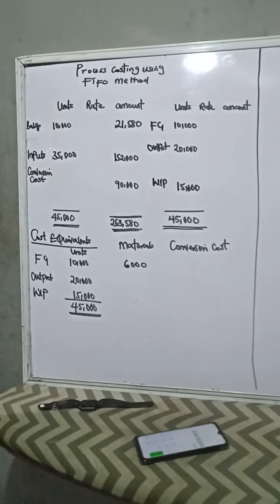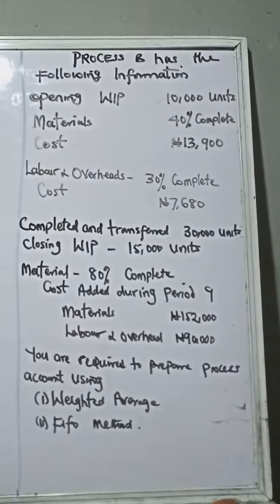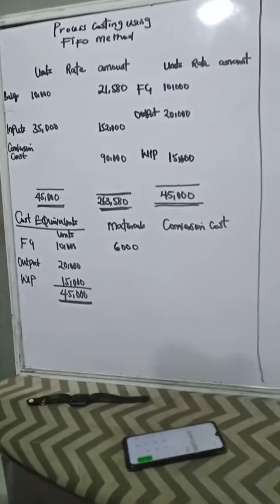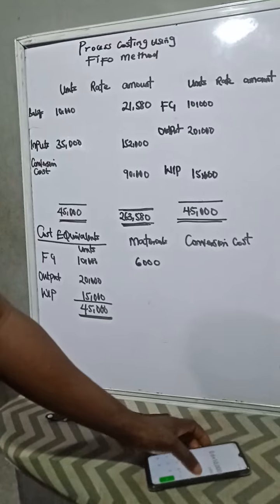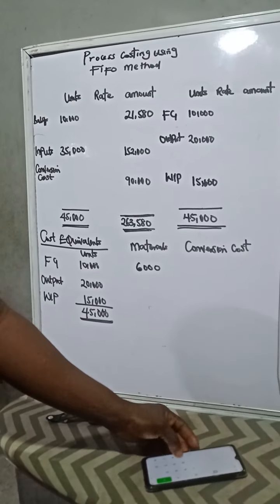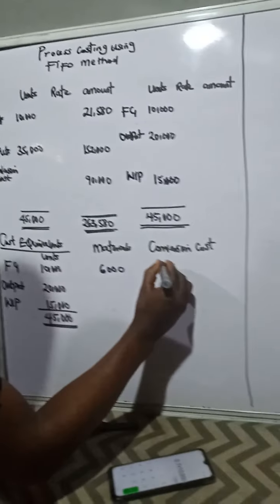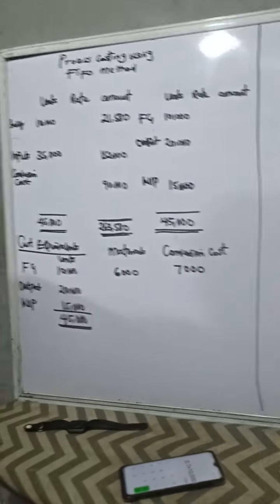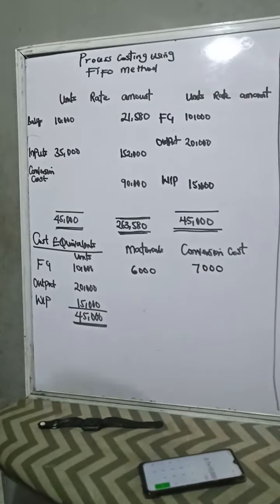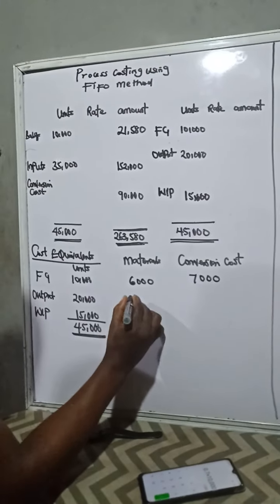So let's go to labor and overhead. What is the percentage of completion? 30%. So that means we have 70% that has not been completed. So 70% of 10,000 will give us 7,000 units. You can see the changes. Now for output, it will still remain 20,000 units.